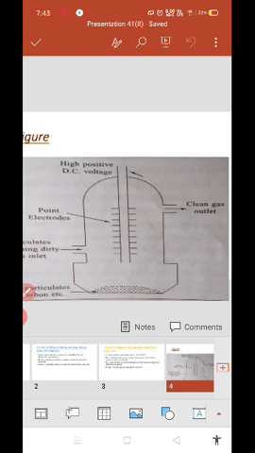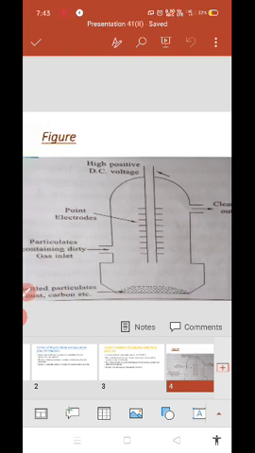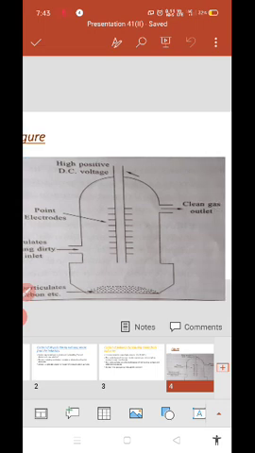Before we release it to the chimney, the gas and smoke are purified using the high positive DC voltage. We separate the carbon and dust particles, then release the gas to the chimney.